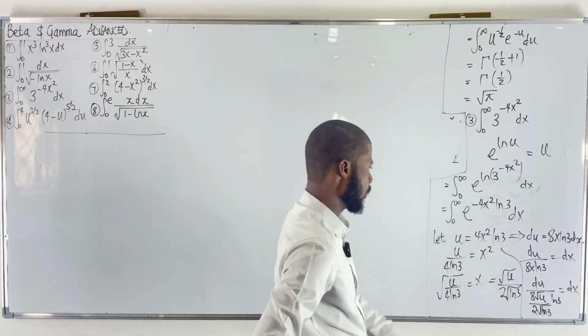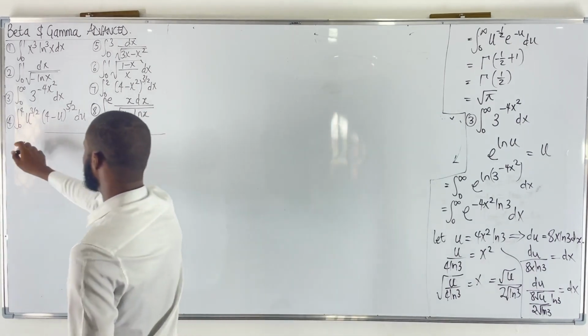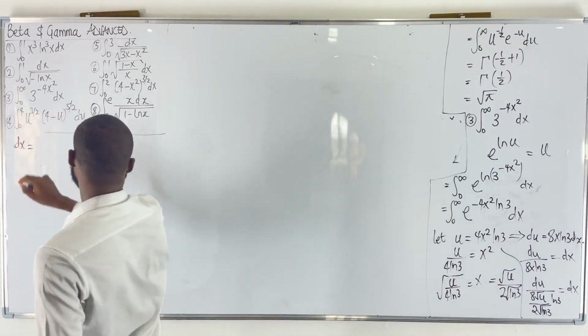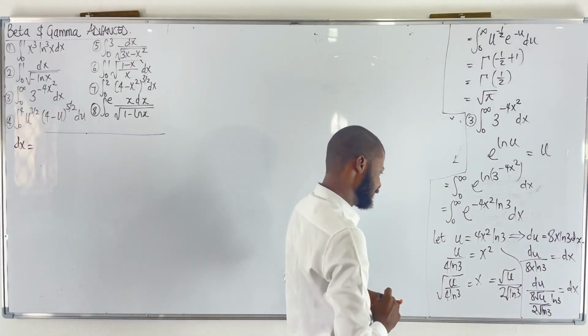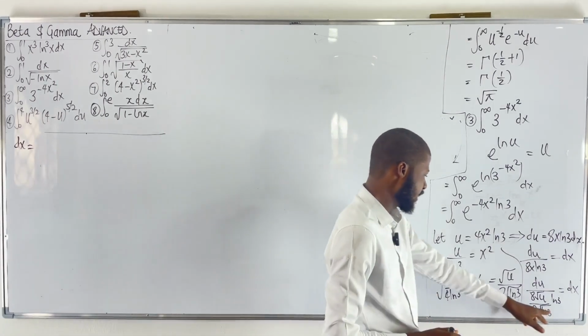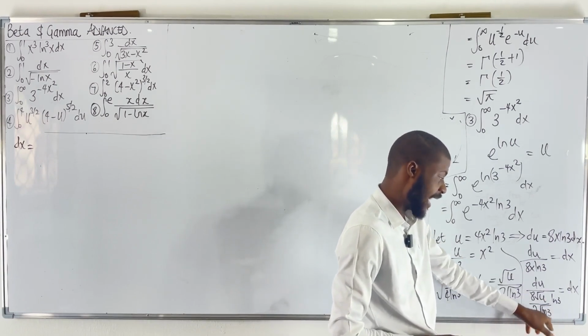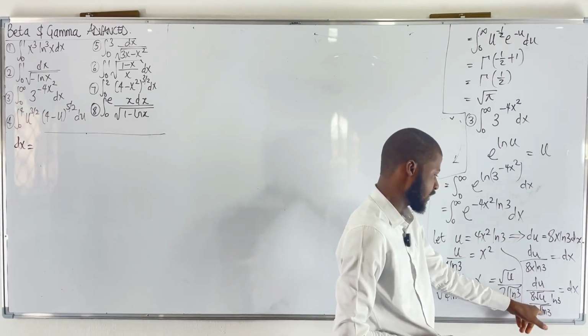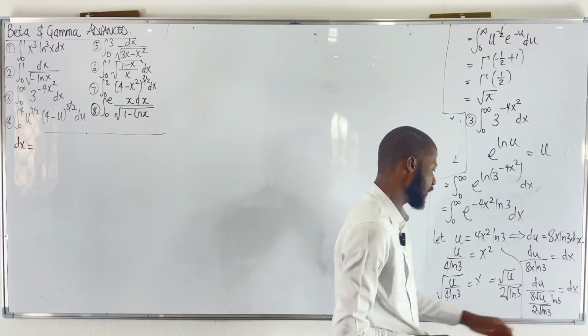So that's looking fine in my eyes. So I'm going to be having dx equal to, okay, these two things are actually dividing, because this is a quotient. So this can go to the top. This can go to the top.